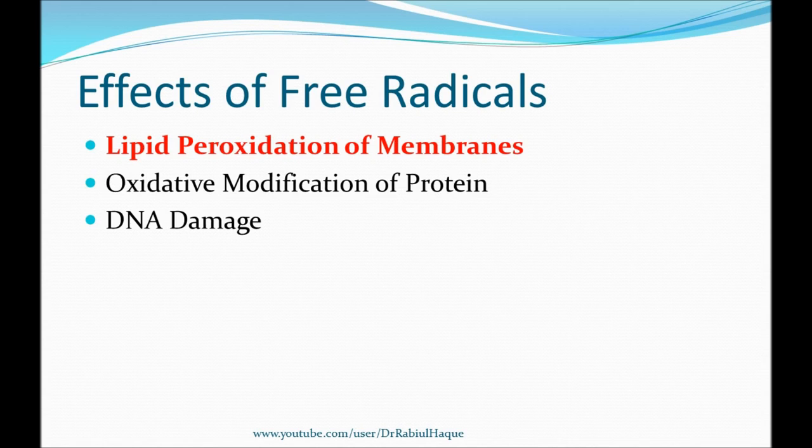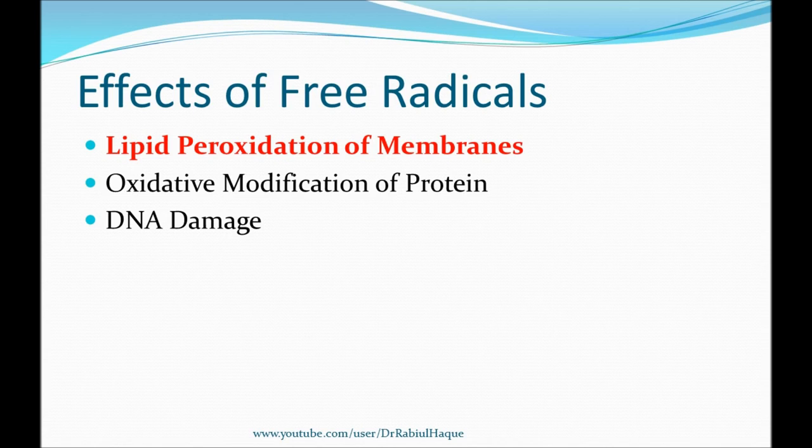The interaction of the lipid and the free radical will produce peroxides, and these will be unstable and reactive, and sometimes they will also result in an autocatalytic reaction that we had talked about in the first part of this video. And that means more and more free radicals will be produced, and that will propagate the damage further, and that will all result in serious membrane damage.